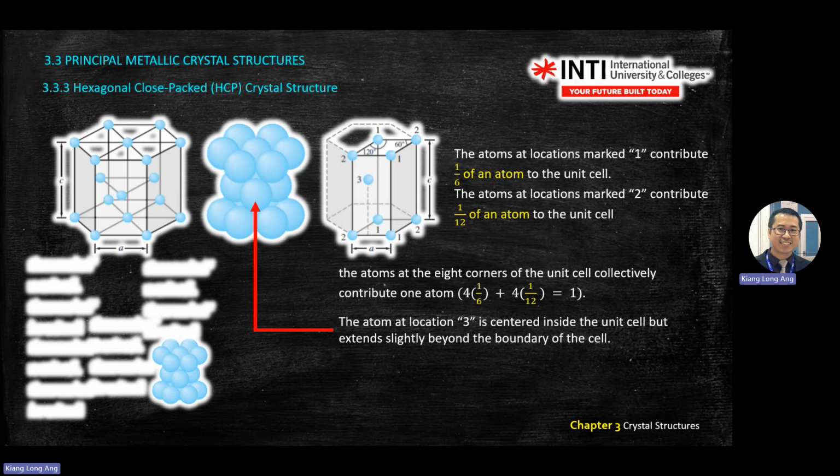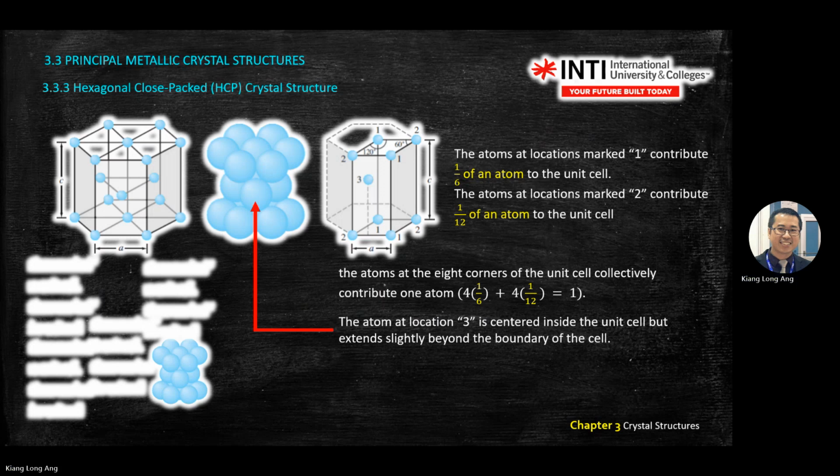We only look at one unit inside the hexagon. Those marked as 1, you have 1, 2, 3, 4. You have 4 atoms marked as 1. So 4 multiplied by 1/6, and then you have another 4 that contribute 1/12. You take this number, 2/3 plus 1/3, you get 1.